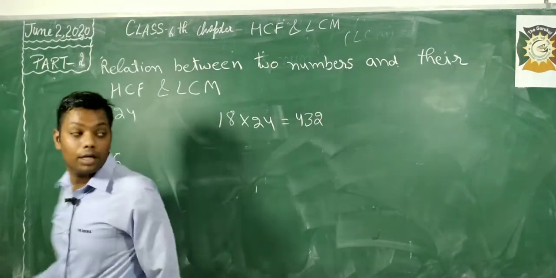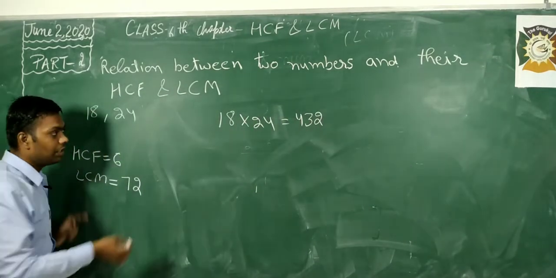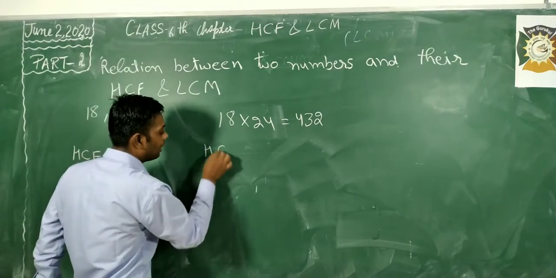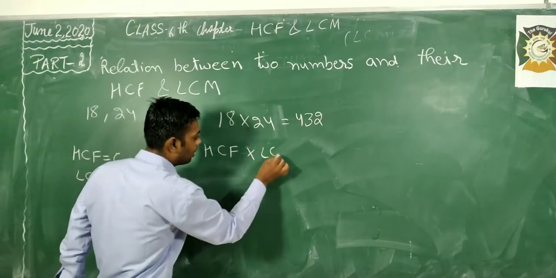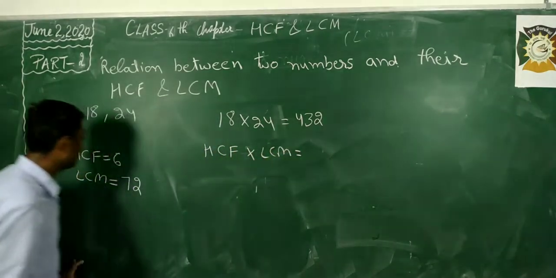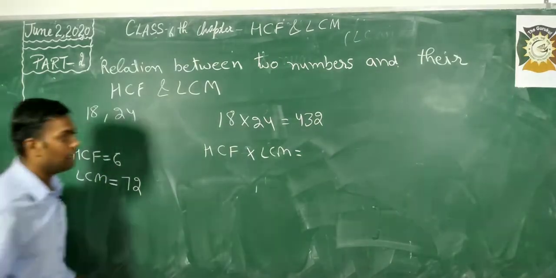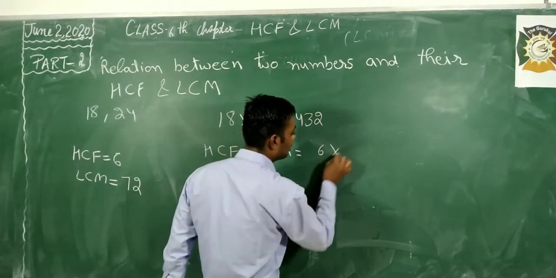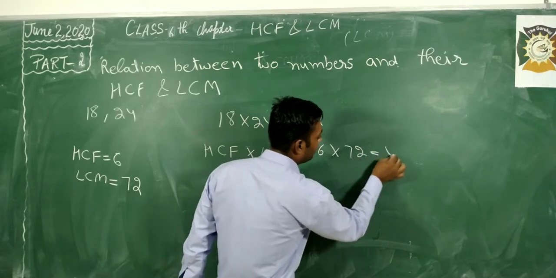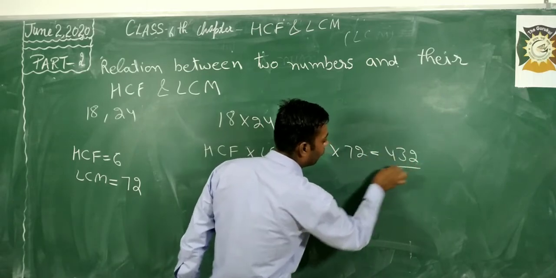Next, multiply LCM and HCF: 6 into 72, which is 432.